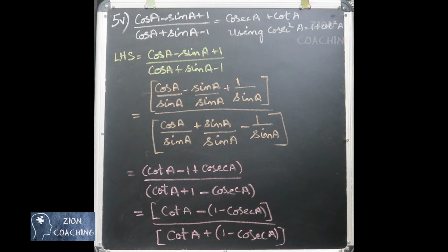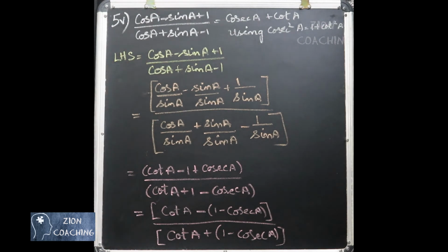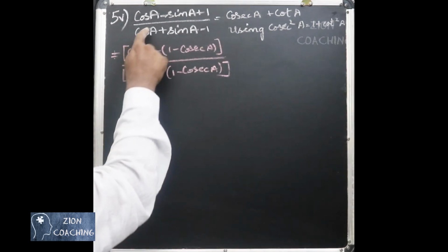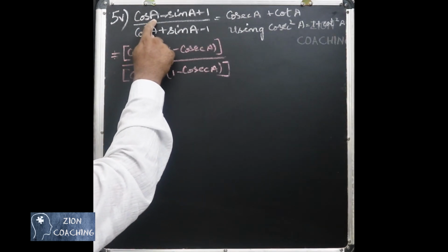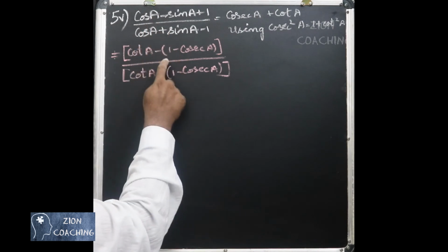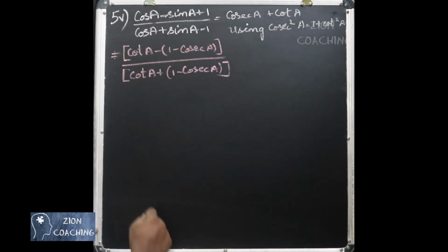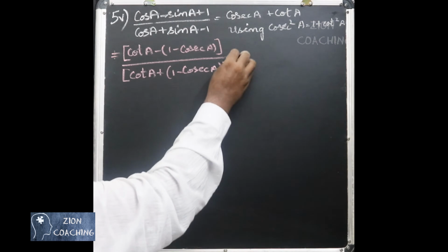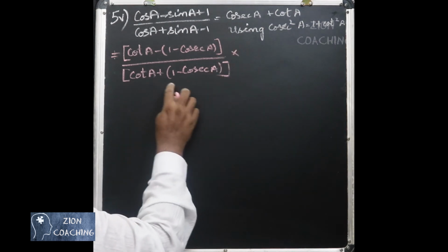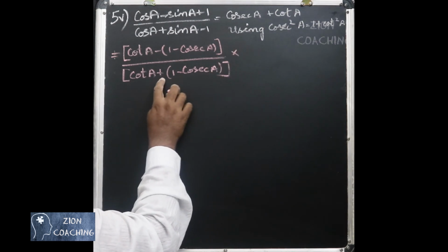Now we have changed this given LHS to this form to apply that identity cosecant squared A is equal to 1 plus cot squared A. Now we are going to continue the problem with what we have got now. By converting all this to terms of cosecant and cot, this is what we got. So now we are going to multiply and divide by the conjugate. You can see that the symbol in between is plus.